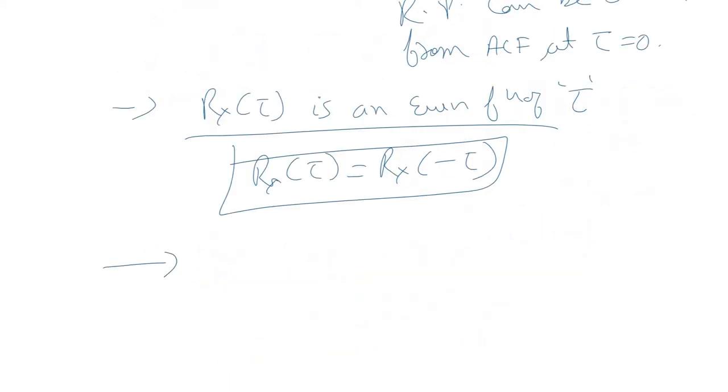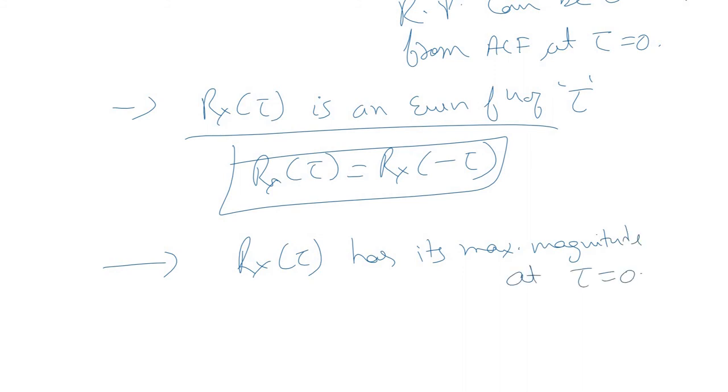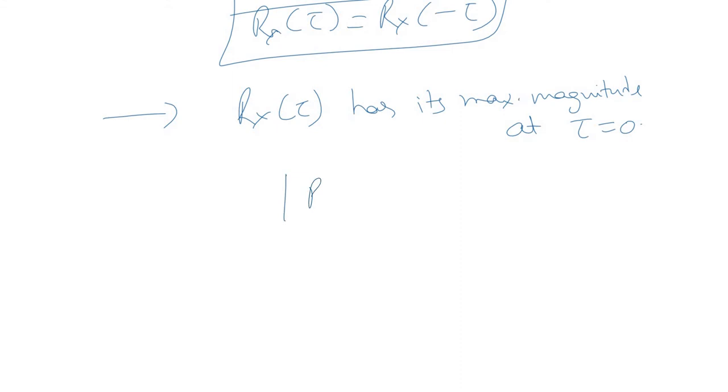Another property of the autocorrelation function is that it has its maximum magnitude at tau equal to 0. That means the modulus of Rx(tau) is always less than or equal to Rx(0). The maximum value of the autocorrelation function is at tau equal to 0.